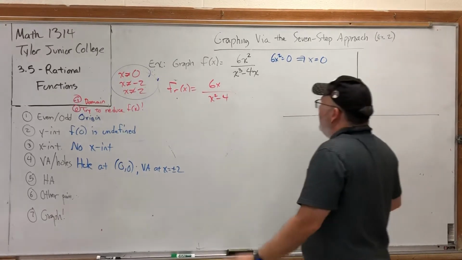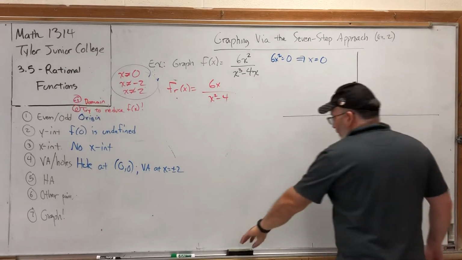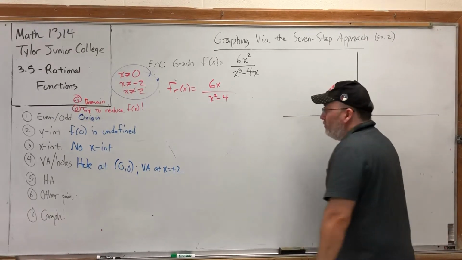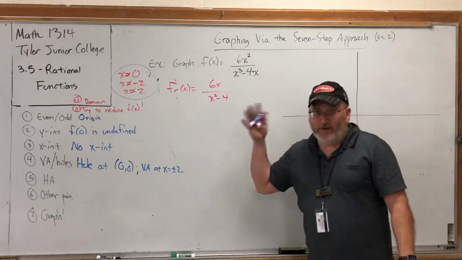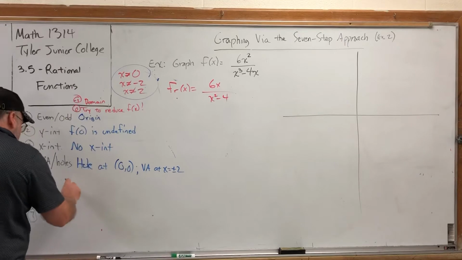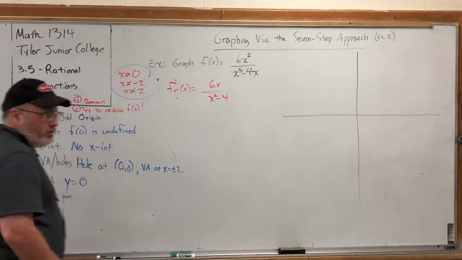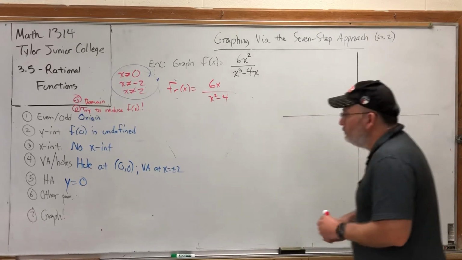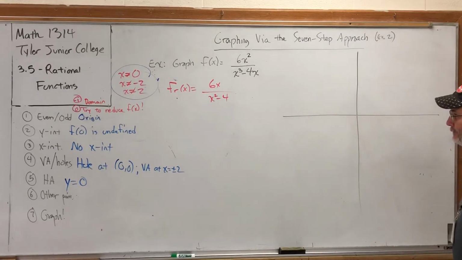Horizontal asymptote, we can answer that with either version of the function, original or reduced. All we have to do is compare degrees, but in both of them, the degree of the denominator is greater, and that means that the horizontal asymptote is y equals 0. Let's sketch what we have. No intercepts.